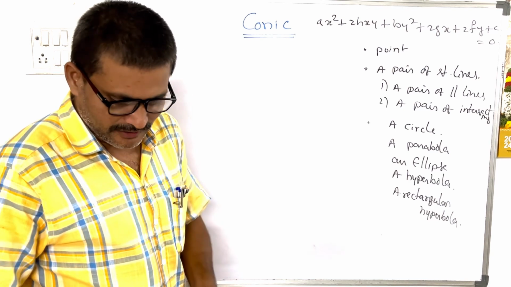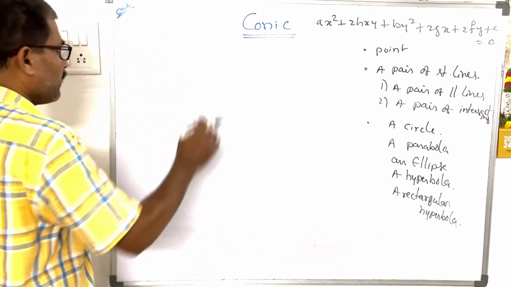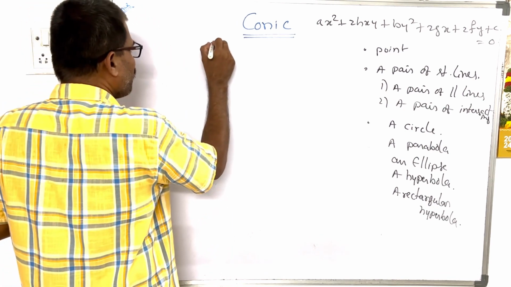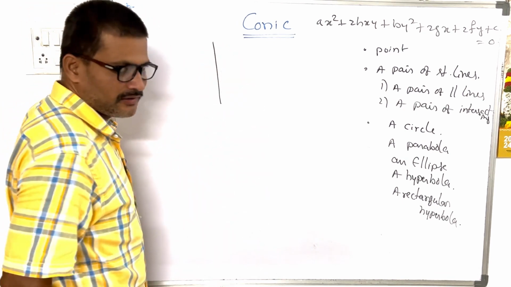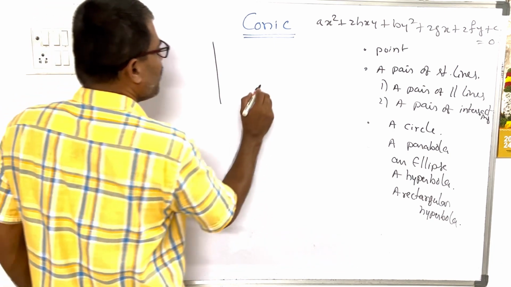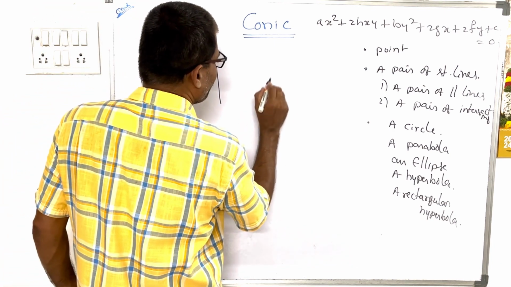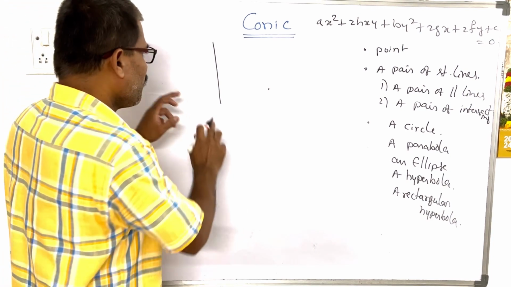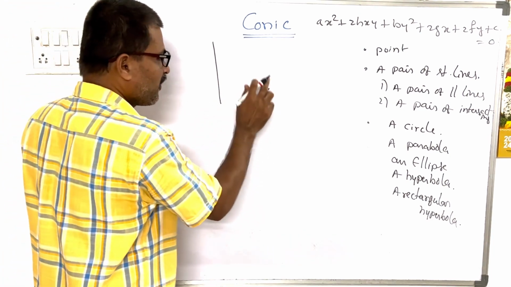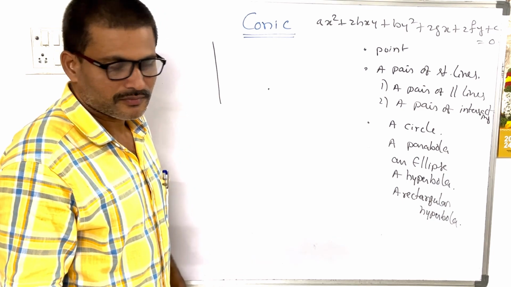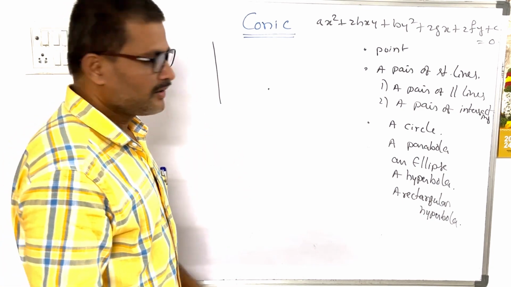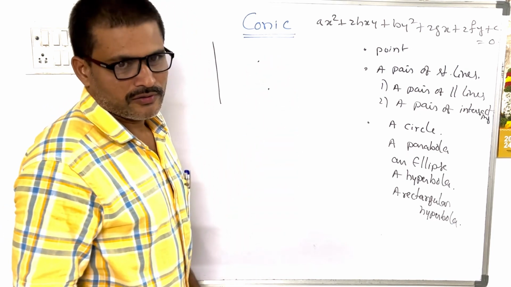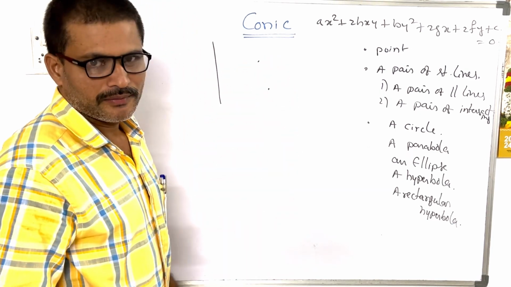First of all, we have to observe: we take one straight line, this is the fixed line, and also we take one fixed point. Here in the plane we take one straight line and one fixed point. Now we also take any point on that plane.